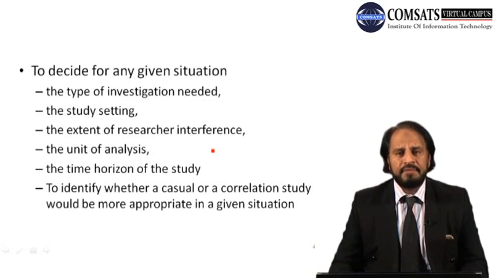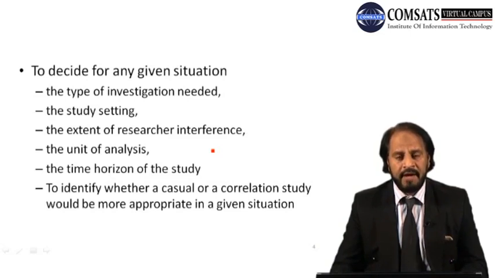Some of the issues we need to discuss in our research design are that we need to decide what type of investigation we are going to conduct. What will be the study setting? What will be the extent of the researcher's interference? What kind of unit of analysis will be used in this research?